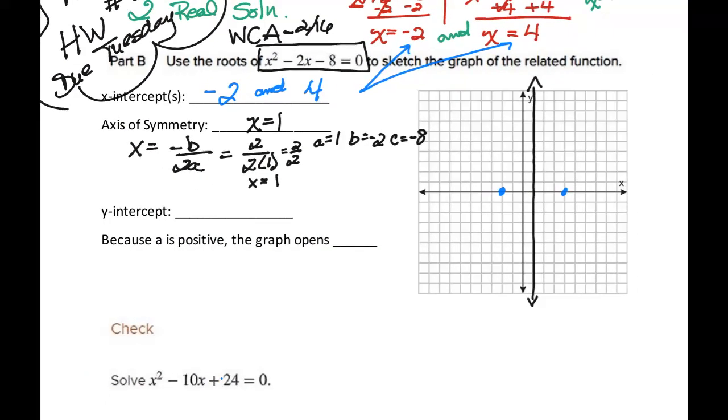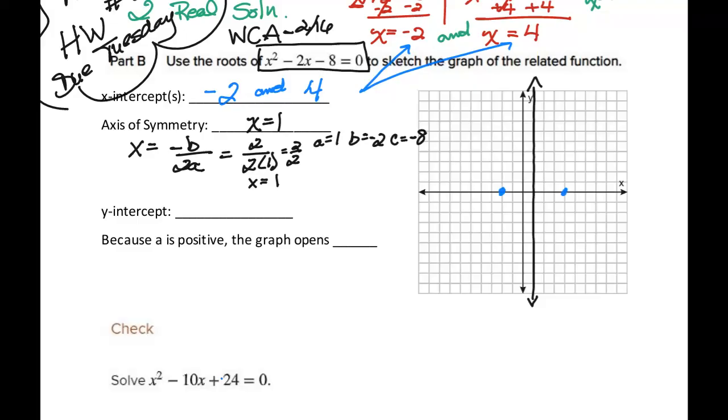And what else do we know? Y-intercept. Now, you would have to go to maybe the first page when we were just starting to talk about general standard form, factored form, and all of those. And we said general standard form, the thing that it's good for is to tell us where the y-intercept is. Does anybody happen to remember what that is? Go back, maybe flip back in your notes.